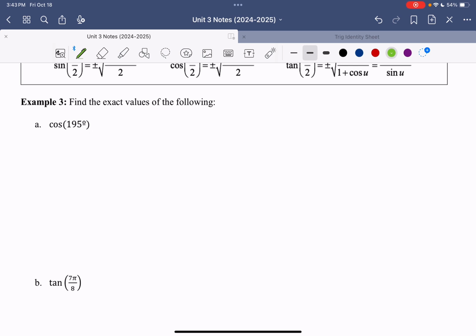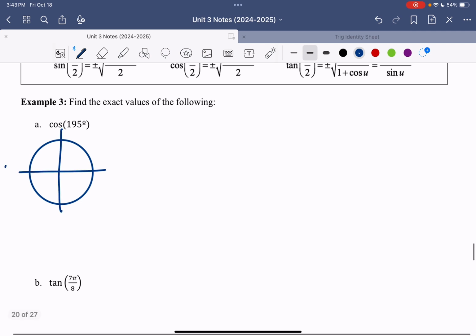Okay, if I think about where 195 degrees is on my unit circle, I know that 180 would be here, so 195 is going to be just 15 degrees more than 180, and that doesn't fall on any of our unit circle values. So this is where our half angle identity might come into play.